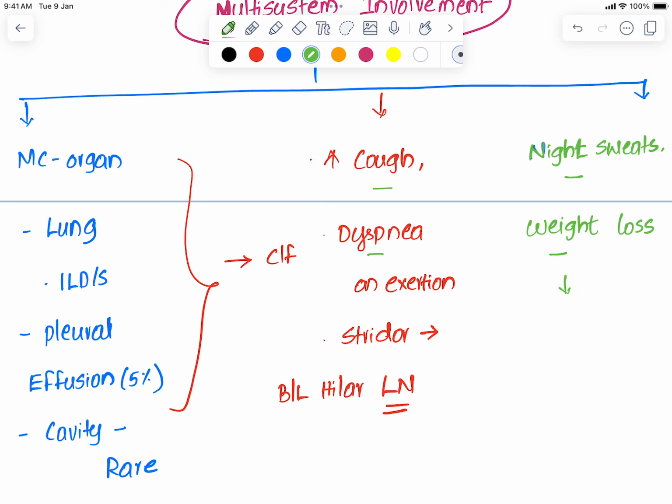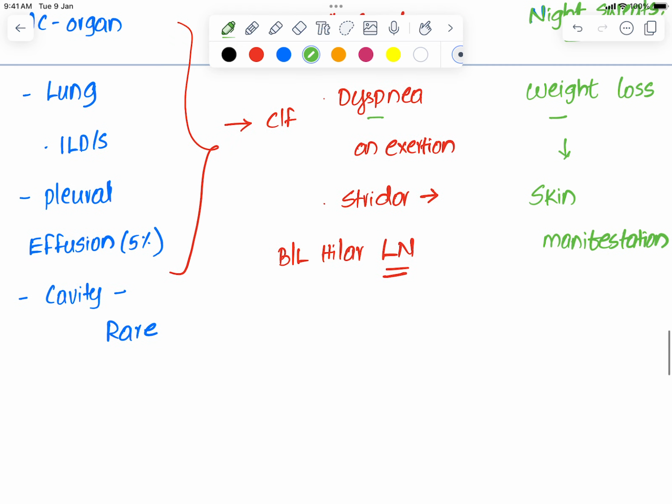But what differentiates pulmonary tuberculosis from sarcoidosis is the skin involvement. I'll be discussing what exactly the skin manifestation is, but the skin manifestation in sarcoidosis will differentiate it from pulmonary tuberculosis.